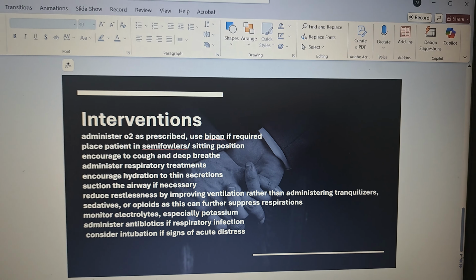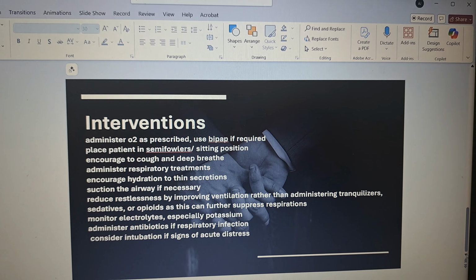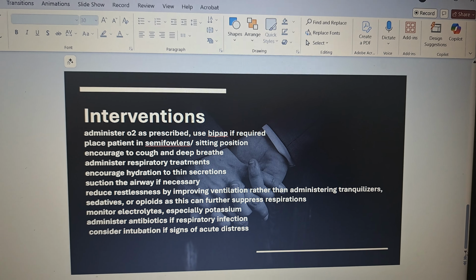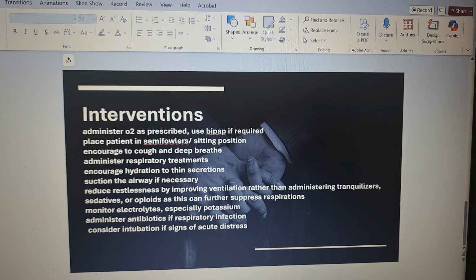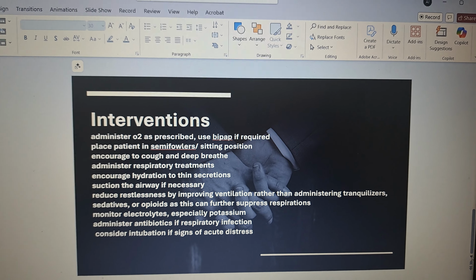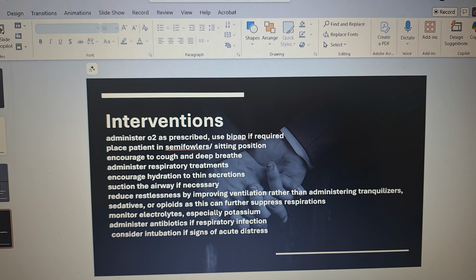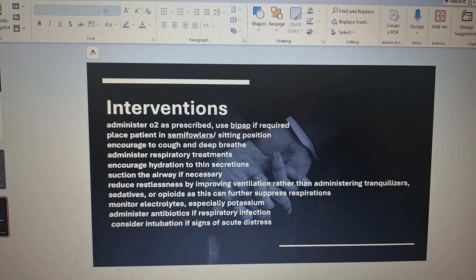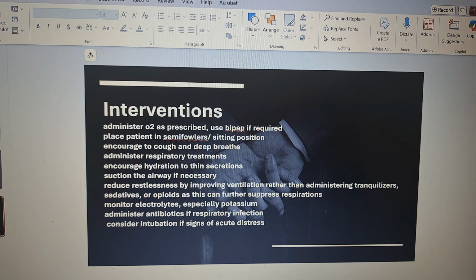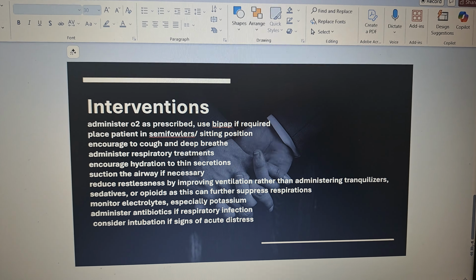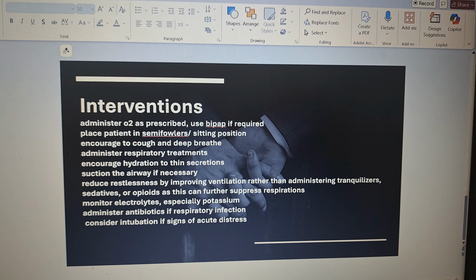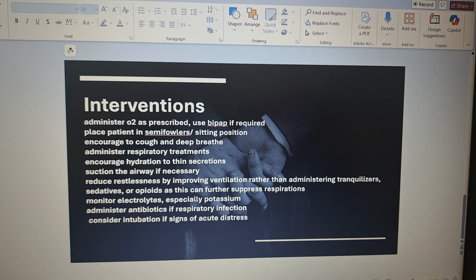If there are a lot of secretions, encourage them to cough and deep breathe, and always administer respiratory treatments to help them excrete the secretions from the lungs. If the patient cannot cough and deep breathe, try to suction the airway.